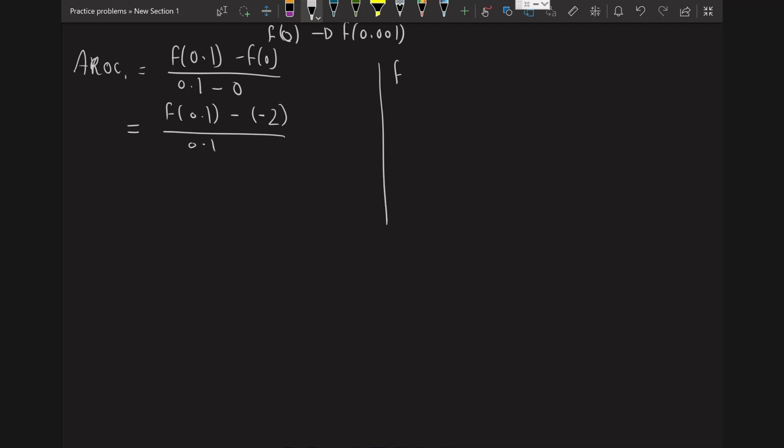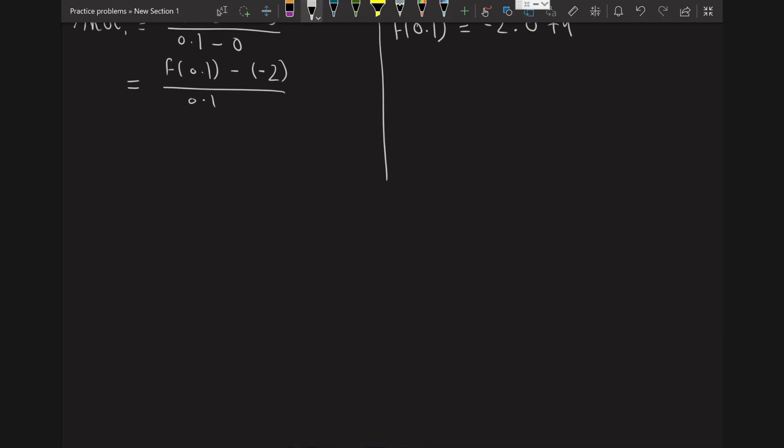On the side here, f of 0.1, which I'm doing on the calculator, gives us negative 2.079. So you just sub that back in: negative 2.079 plus 2 over 0.1 is equal to negative 0.079 over 0.1, which is equal to negative 0.79.